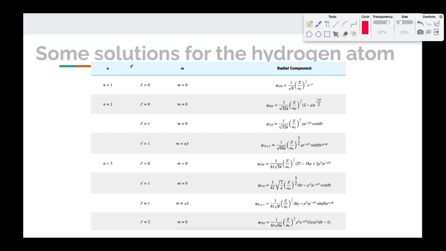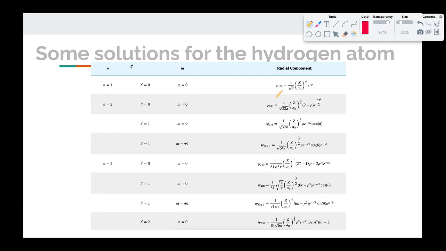All right, here are some solutions for the hydrogen atom wave function. Here's n in the first column. n could be 1. If n is 1, the only possibility for L is 0, and if the only possibility for L is 0, the only possibility for m sub L is 0 as well. So there's only one solution for n equals 1. There's only one set of quantum numbers, and that's 1, 0, 0.